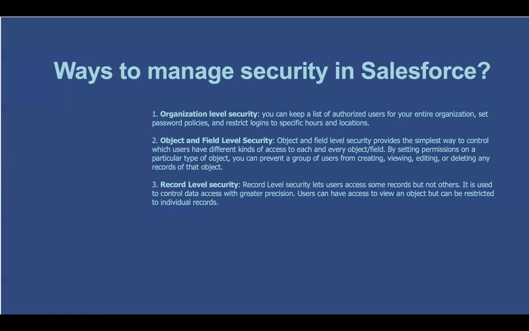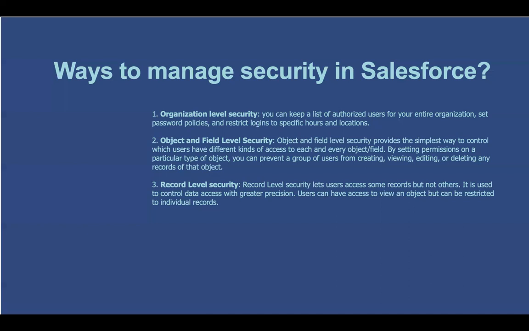For example, there's an appraisal object which contains appraisals for all the employees. I don't want this appraisal object to be visible to any and everybody except for the senior leadership. In that case, we can control the object and also the field level access using profiles and other things, which we'll be talking about in the next slide. But I also have a detailed video on object and field level security, which you can go check out.